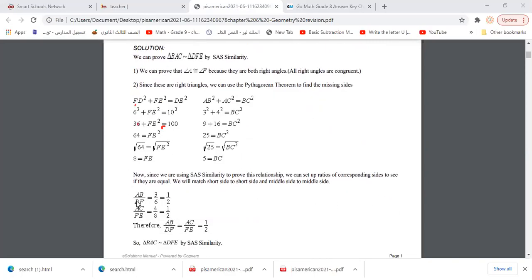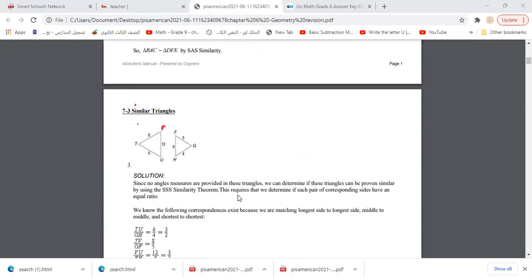AB over DF is 3 out of 6, which is half. AC over FE is half. Therefore, the two sides are proportional, have the same ratio, and we already have a 90 degree angle, so the two triangles are similar by using side angle side.